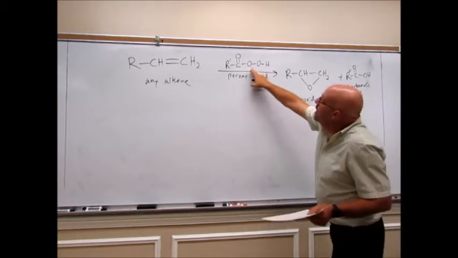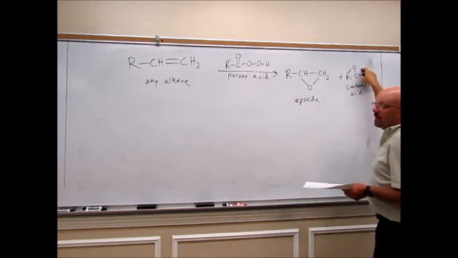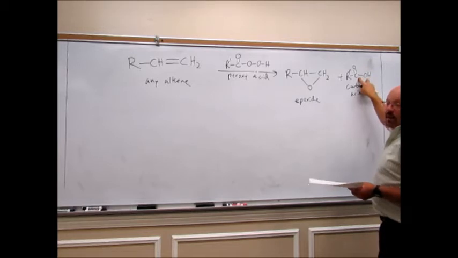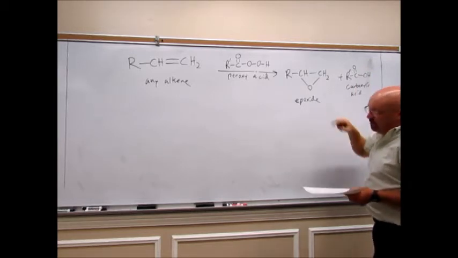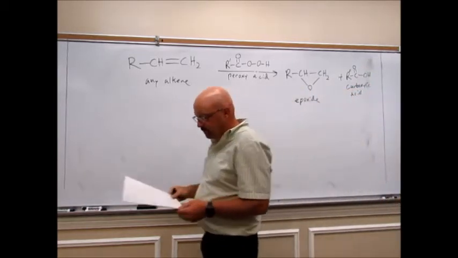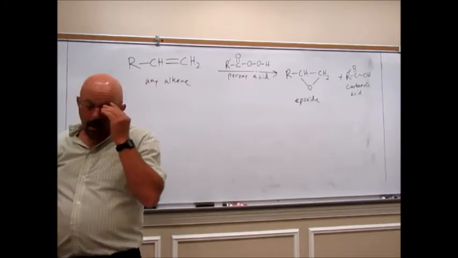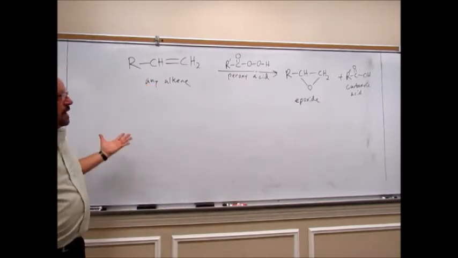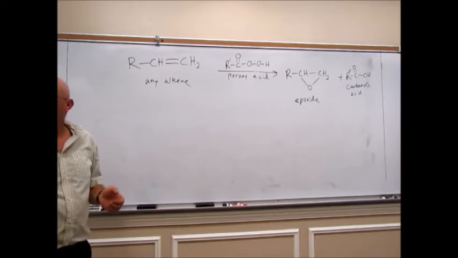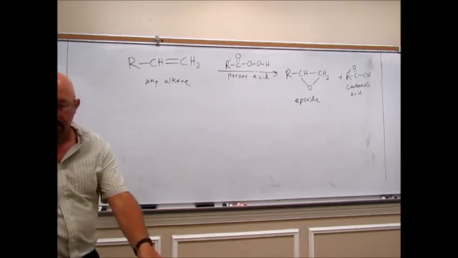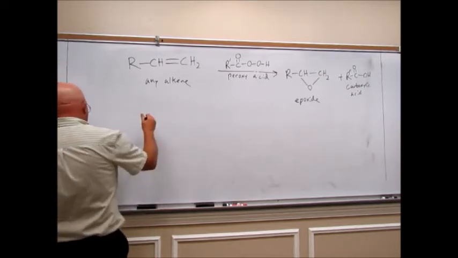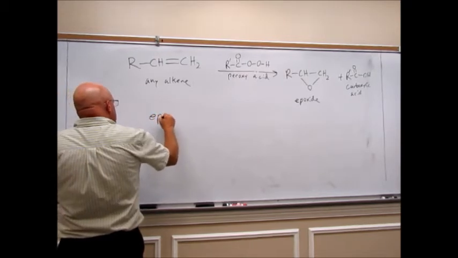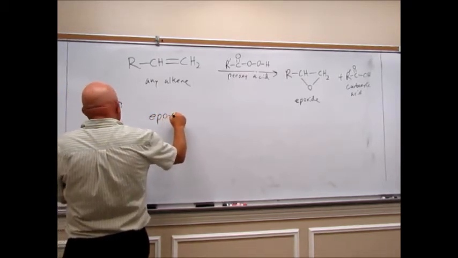So the peroxy acid turns into a carboxylic acid. We lose that one oxygen, it goes to make the epoxide. This reaction to make an epoxide, it's called an epoxidation. It's not important, but epoxidation makes an epoxide.